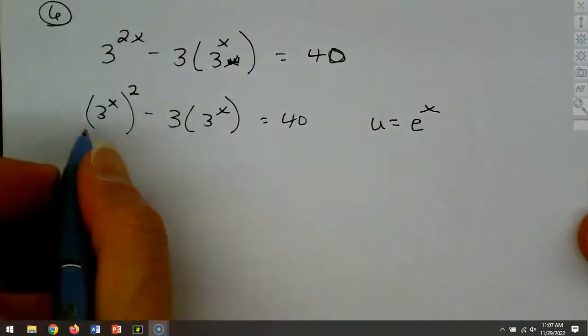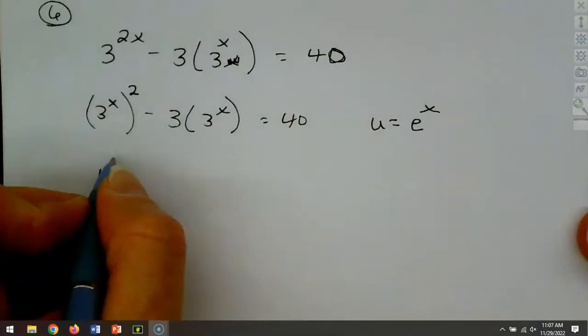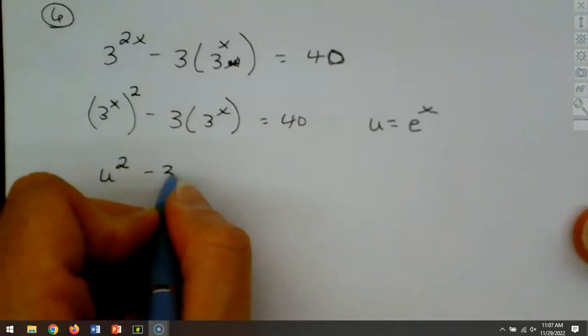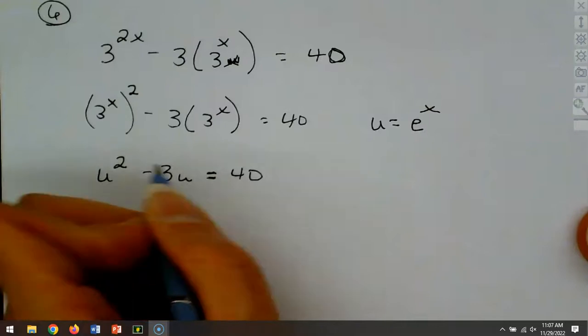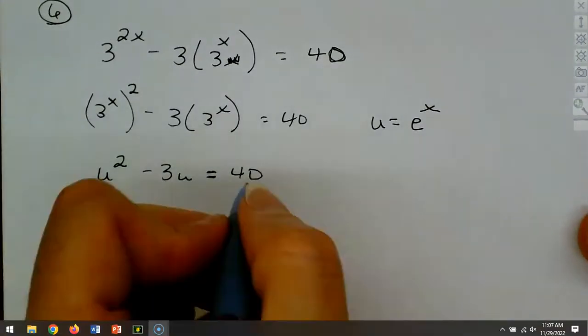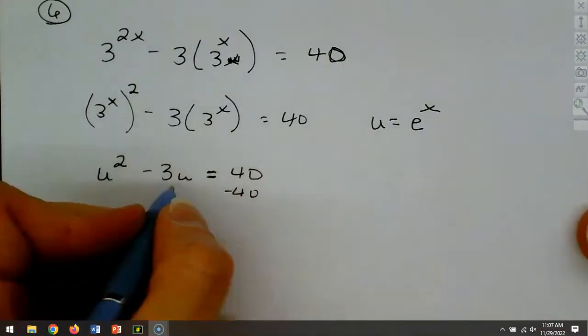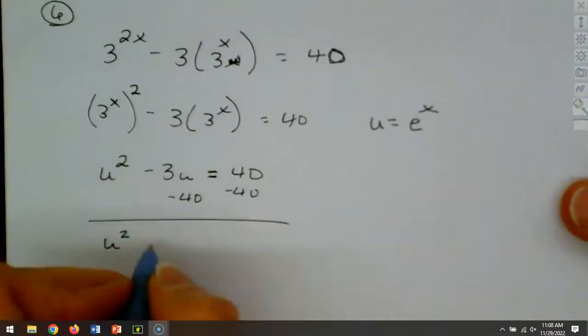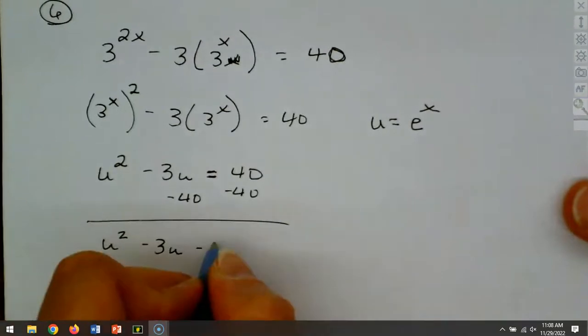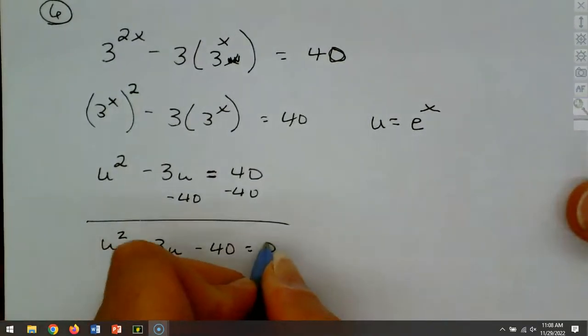Now we can rewrite e to the x as u. So that is then u squared minus 3u equals 40. And now we should be able to solve this by moving that 40 over. And we've got u squared minus 3u minus 40 equals 0.